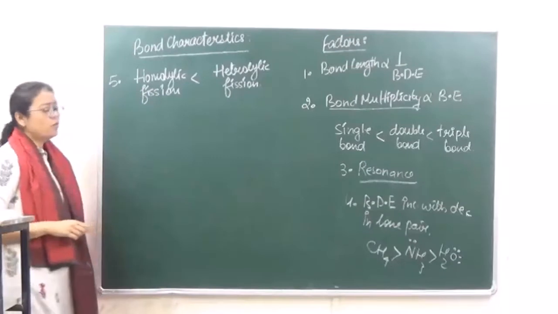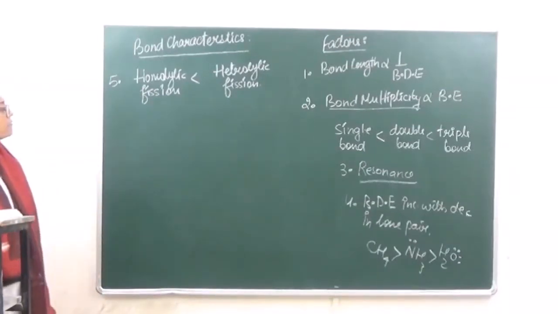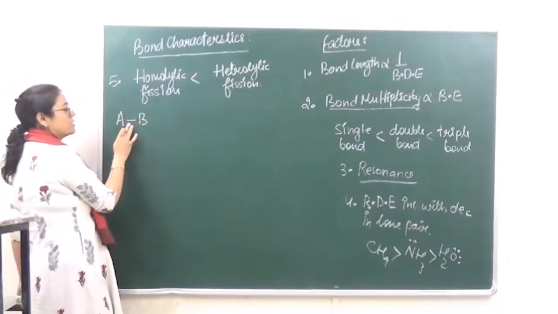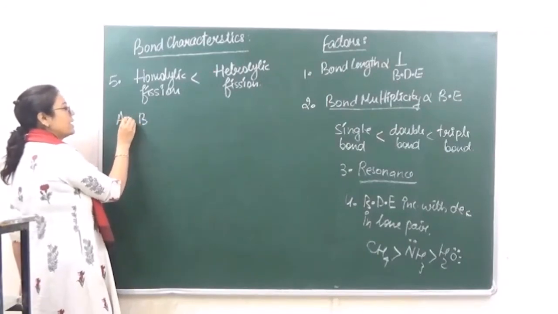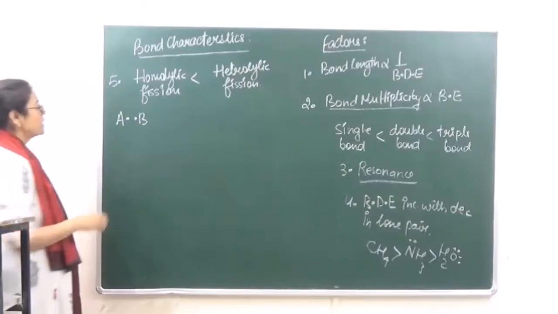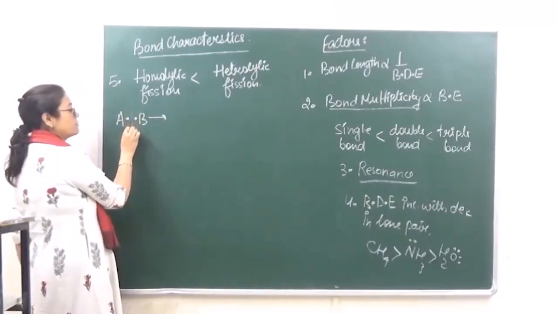When we're talking of homolytic fission, it means that whenever a covalent bond breaks, a covalent bond that is formed of two electrons, sharing of two electrons, let's say this is how we can represent, right? Sharing of these electrons are taking place. In case of homolytic fission, fission means breaking.